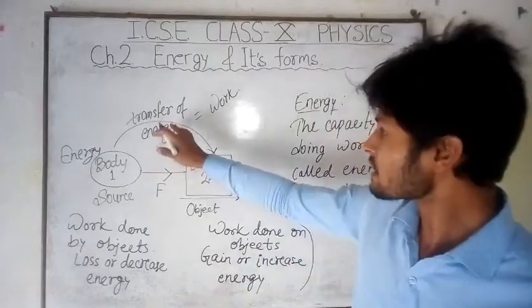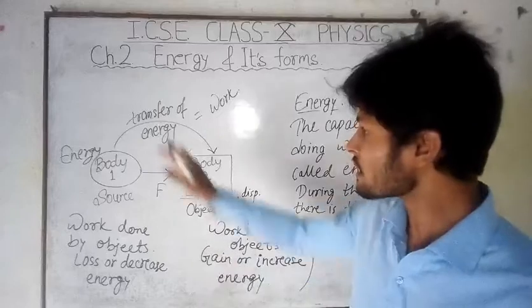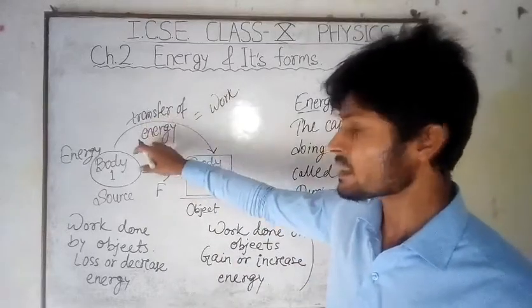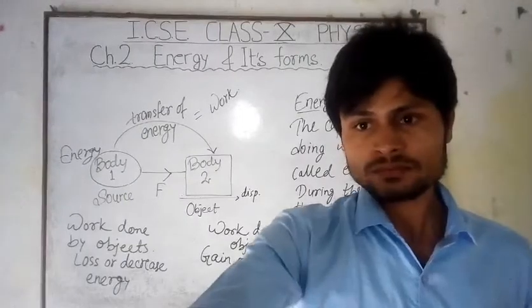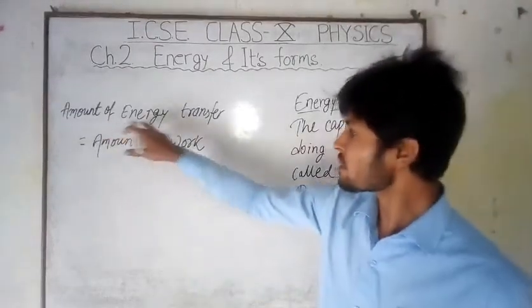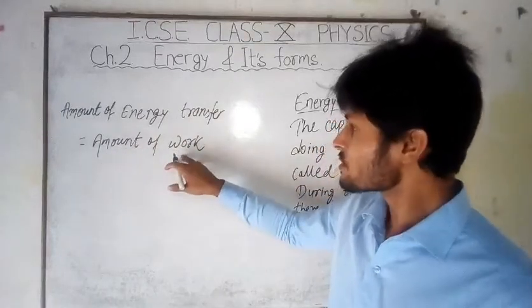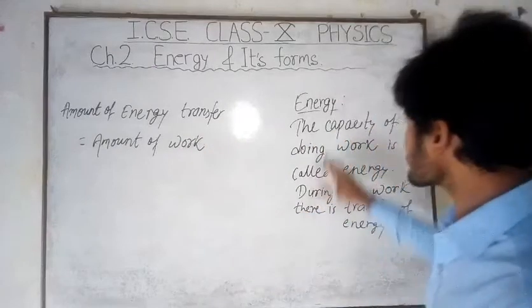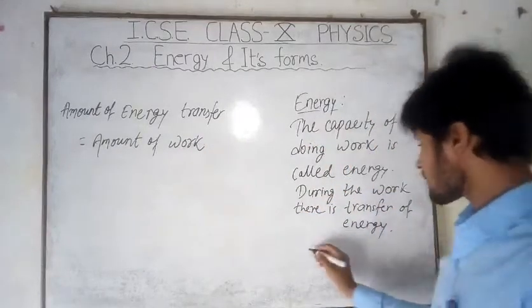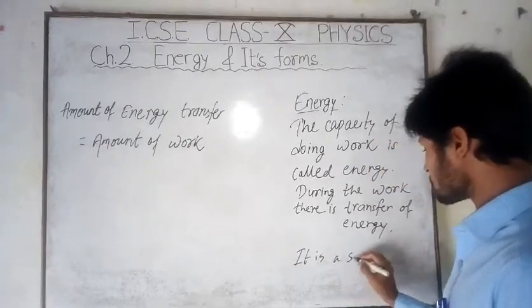That means energy and work are exactly similar to one another. As the amount of energy transfer is equal to the amount of work done, and work done is a scalar quantity, this energy is also a scalar quantity. So energy is a scalar quantity.